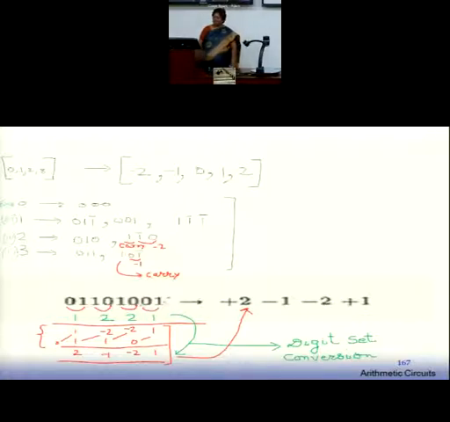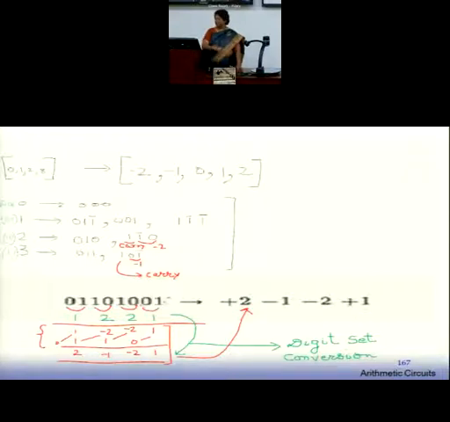So now I convert. Suppose my number is 0, 1, 1, 0, 1, 0, 0, 1. You have to recode it now, because all your multiplication will be by using the digit set plus 2, minus 2, minus 1, 0, 1 and 2. So you have to recode your multiplier.